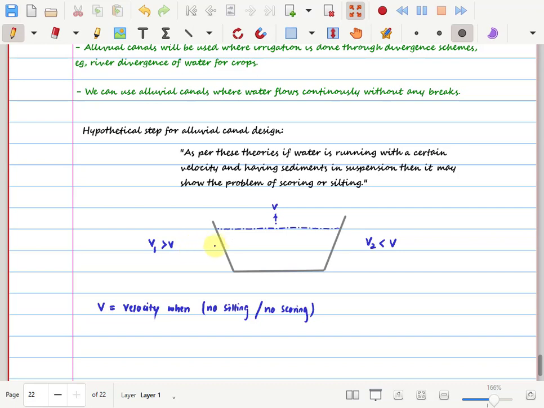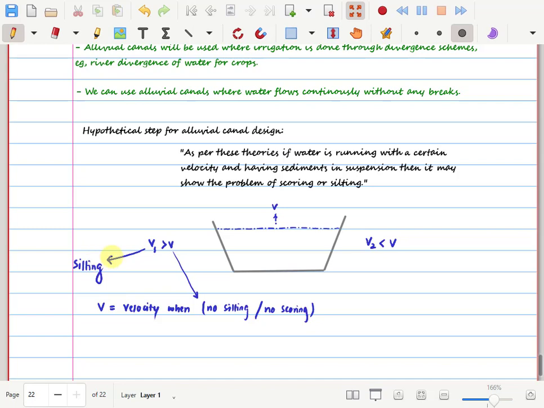So in one case we can have our velocity greater than V. What does this case mean? If our velocity V1 in the canal is greater than V, as we have defined, when there is no silting and scoring, then that means that there is silting, right?